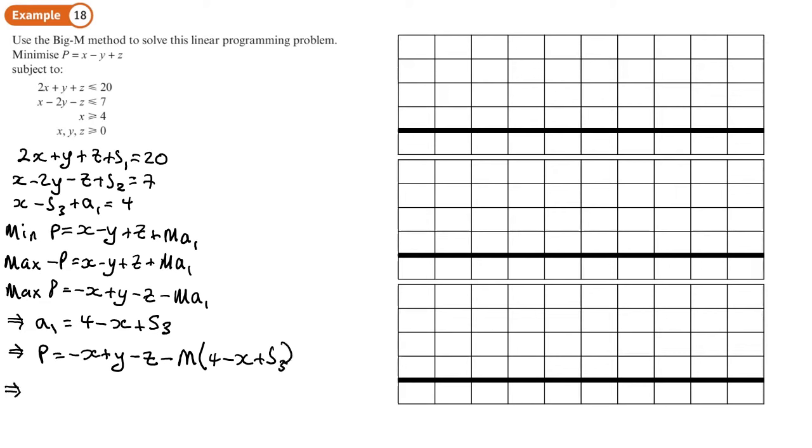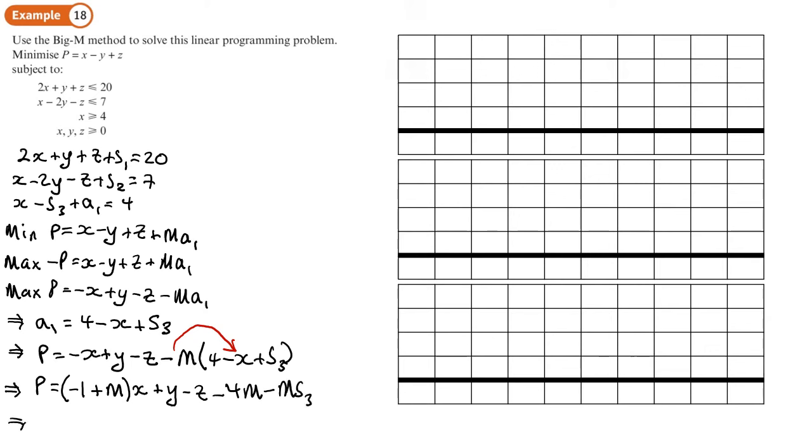Like previously, we want to see if there are any like terms we can collect. Yes, there are, because here we're going to get plus Mx. So we will have, in terms of x, a -1 plus M x, a single y, a single z, and then minus 4M, and then minus M S3.